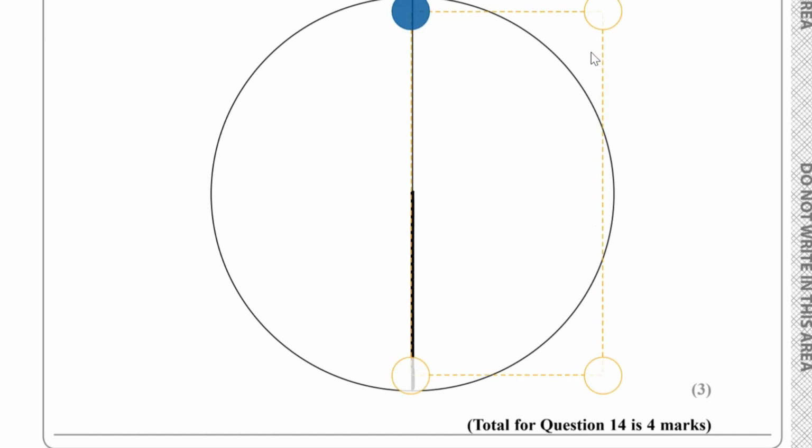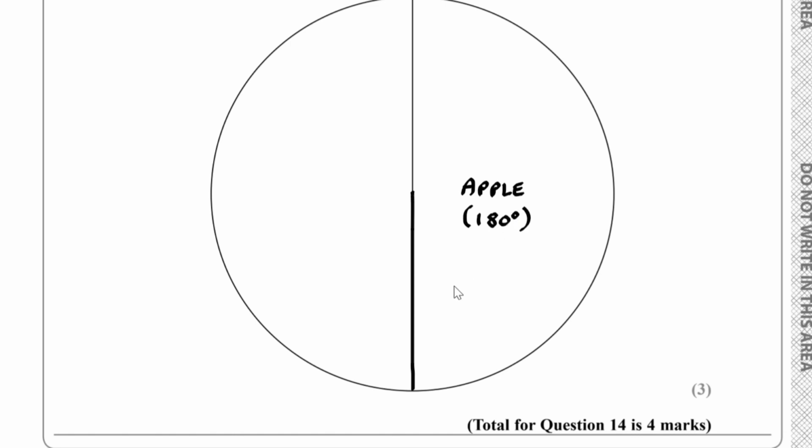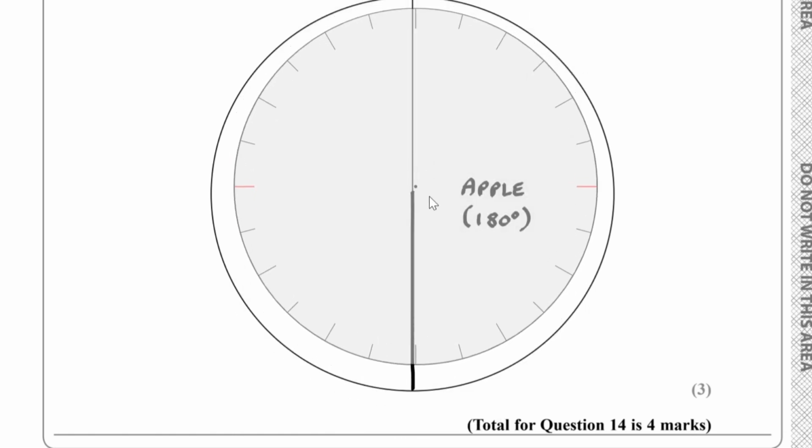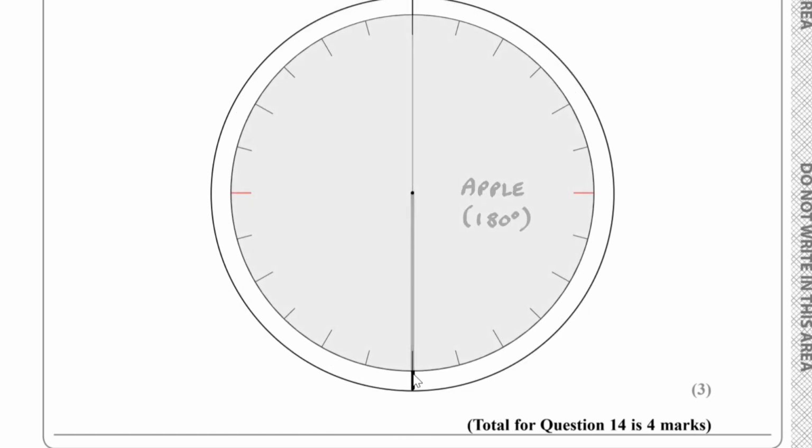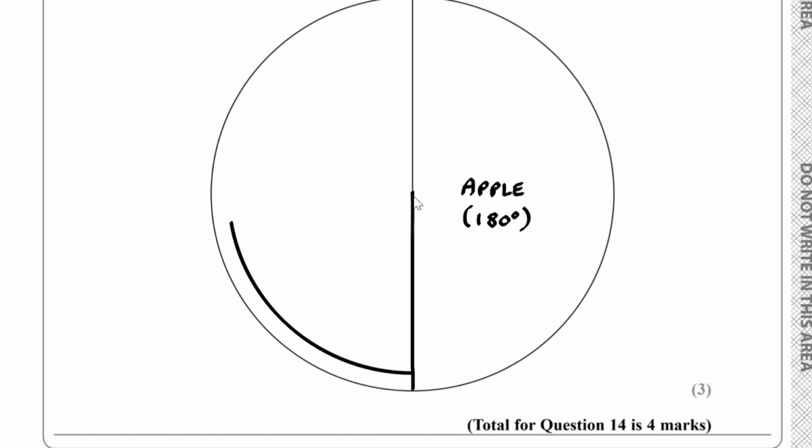What we have is apple, and the angle for this is 180 degrees. Then for pear we have 80, so 80 degrees is over here.